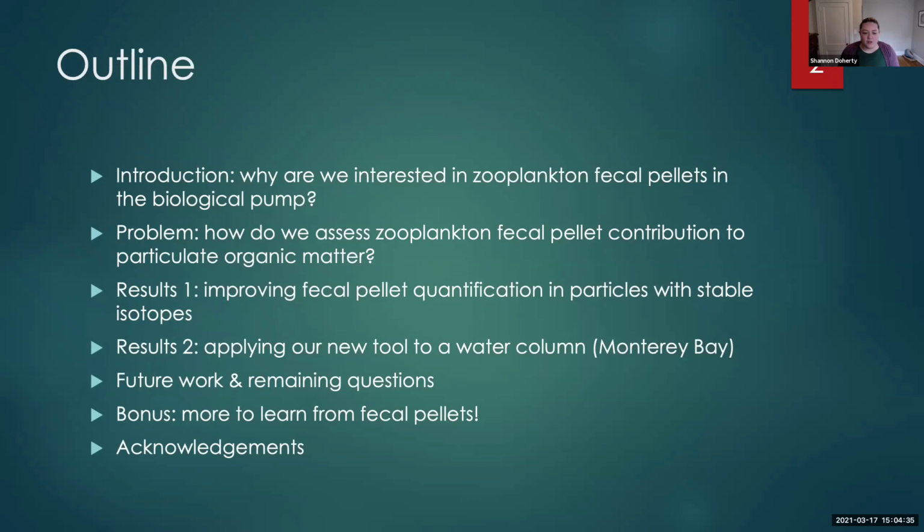The second will be applying our new tool to a water column, which is Monterey Bay. And then I'll talk about the future work that we're going to do to address the remaining questions associated with this method. And as a bonus, I'll talk about something cool that we found from our study to quantify fecal pellets that also might help think about fecal pellets in the biological pump.